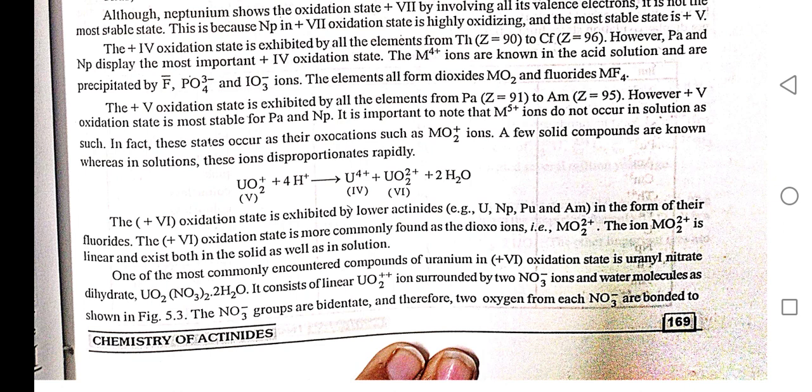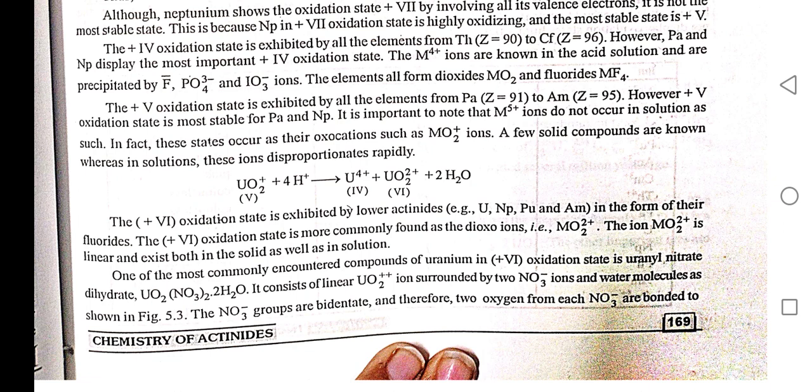A few solid compounds are known, whereas in solution they disproportionate rapidly. The +6 oxidation state is exhibited by lower actinides in the form of their fluorides. The +6 oxidation state is more commonly found in the dioxo ions MO2 2+. The ion MO2 2+ is linear and exists both in the solid as well as in solution.